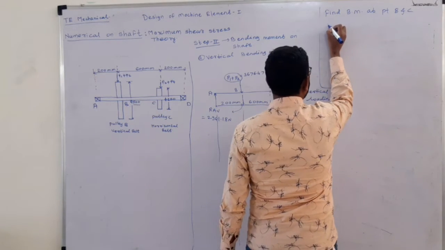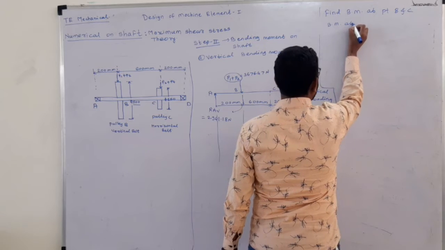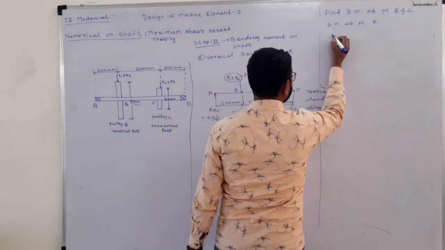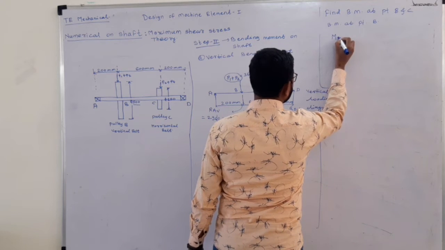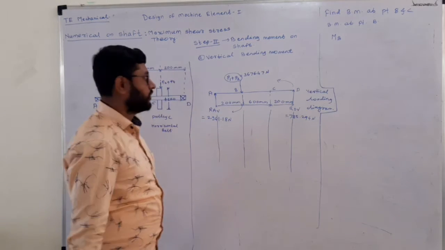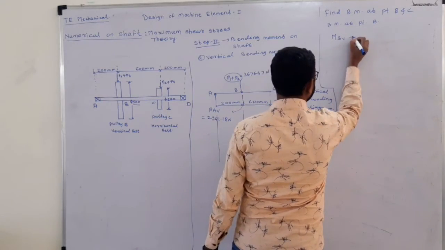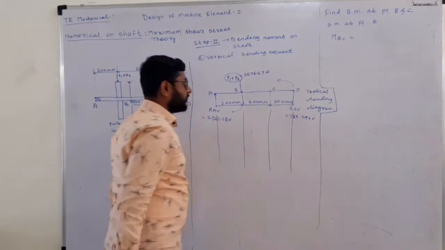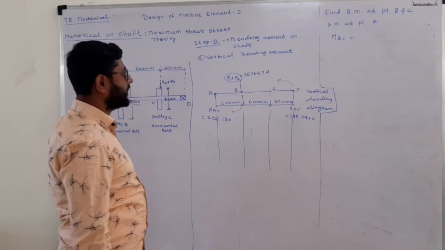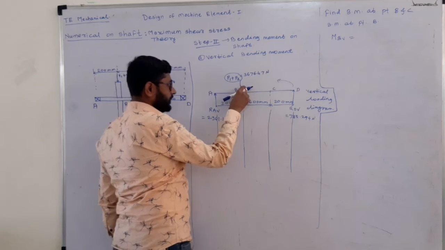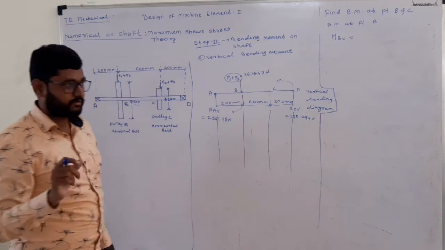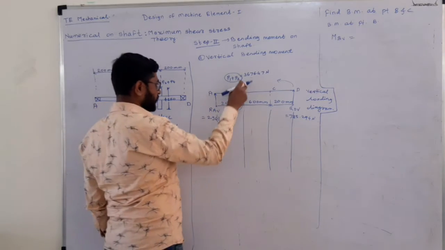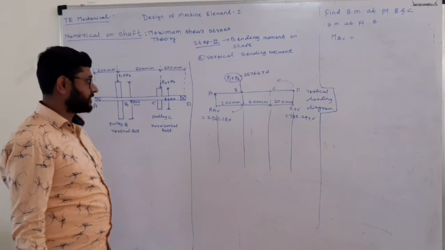So the bending moment at point B, that is MB, and here MBV is for the vertical loading diagram, that is the vertical bending moment at point B. So students, we know that bending moment is nothing but force into perpendicular distance.